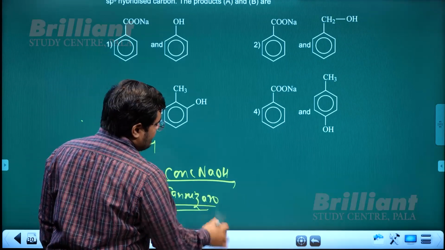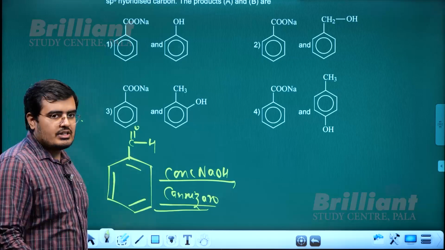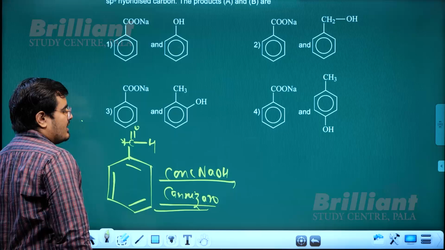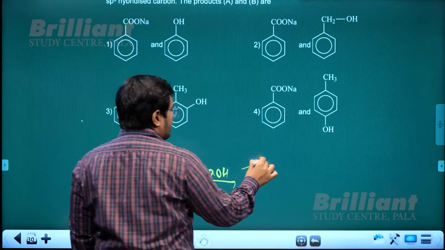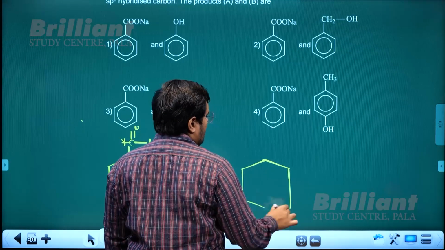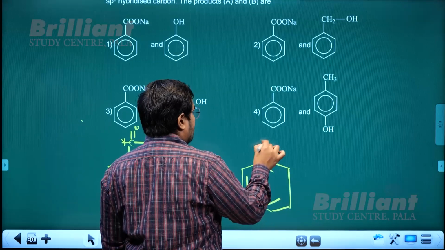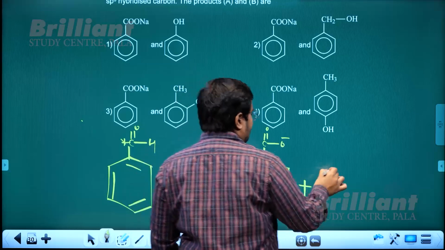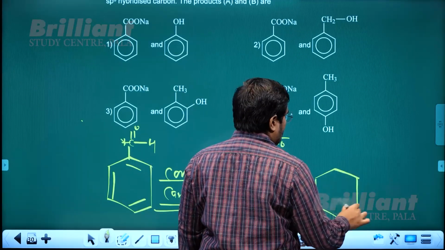The Cannizzaro reaction, we know, is an example of a redox reaction or a disproportionation reaction where the carbonyl carbon gets reduced and oxidized. So that carbon will be oxidized to carboxylate, CO minus, plus will be reduced to alcohol.